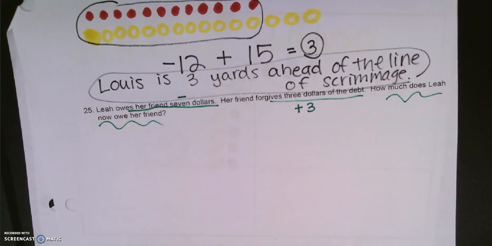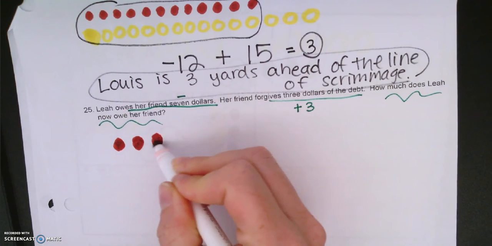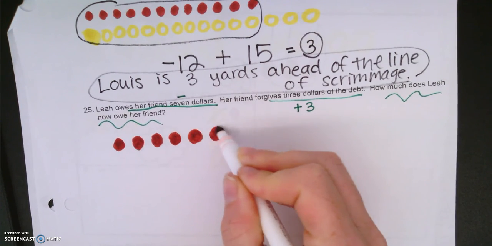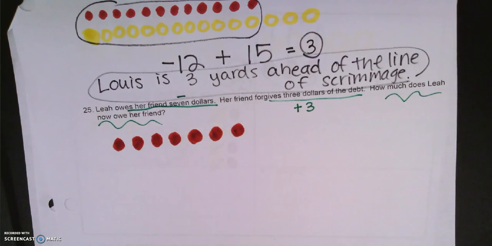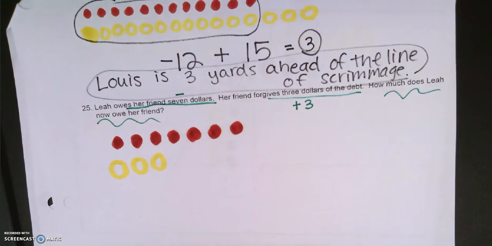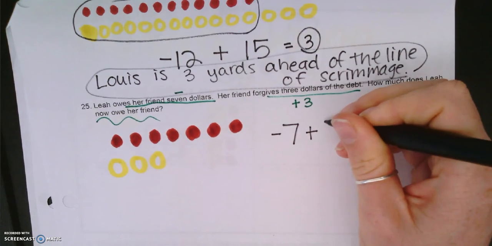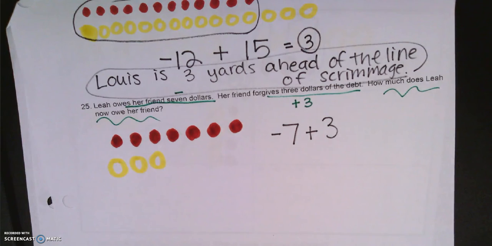Well, that means she owed her friend $7. That's 7 negatives. 1, 2, 3, 4, 5, 6, 7. And then her friend forgave 3 of them. So you could think about it that Leah owed $7 and her friend said, oh, it's like I gave you $3 back of it.